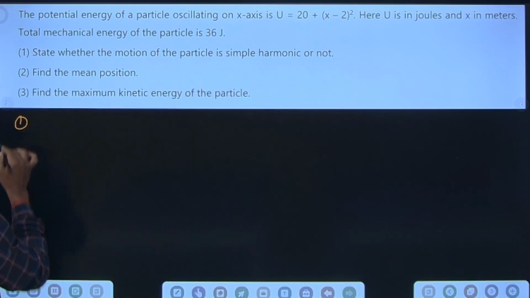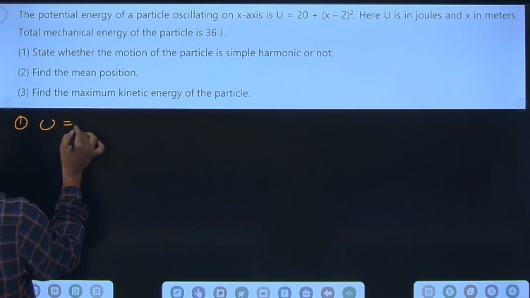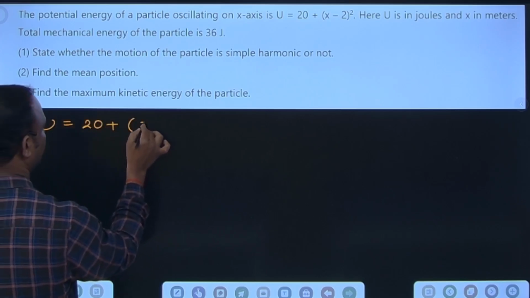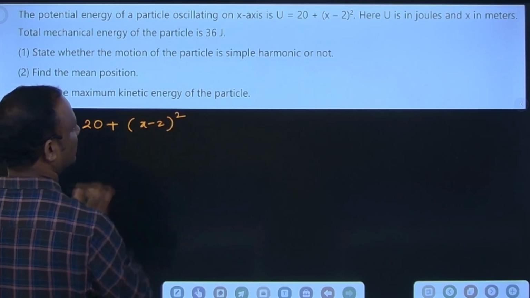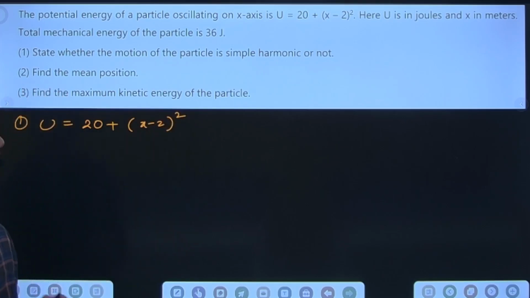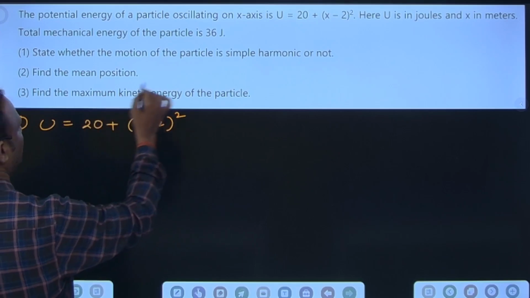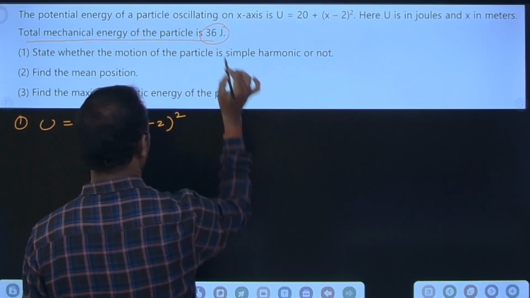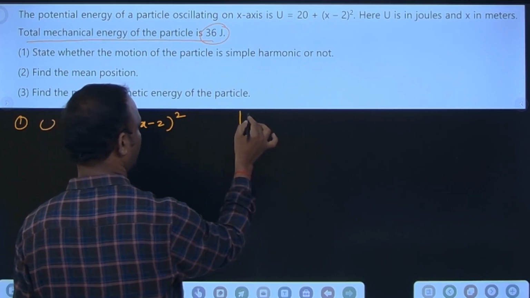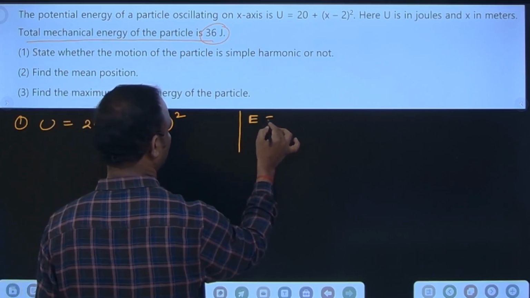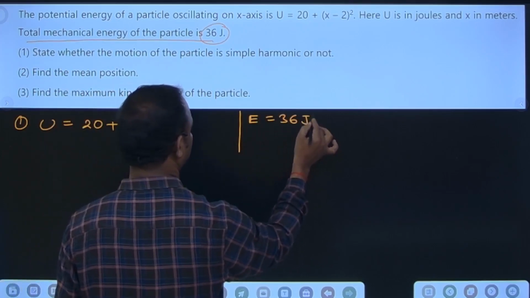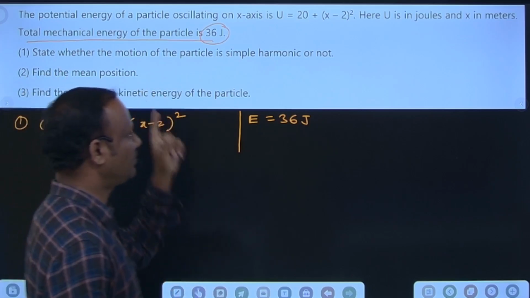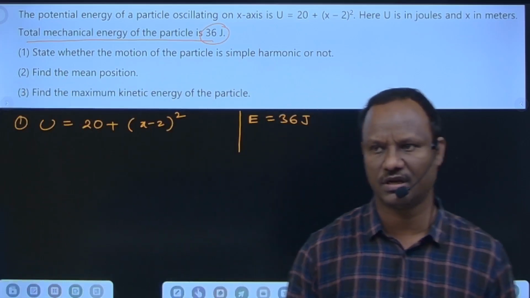U is equals to 20 plus (x minus 2) whole square, in joules. And the total mechanical energy E is 36 joule.